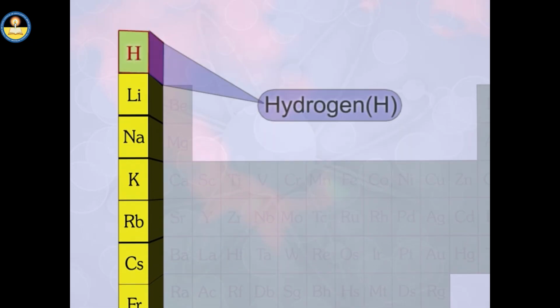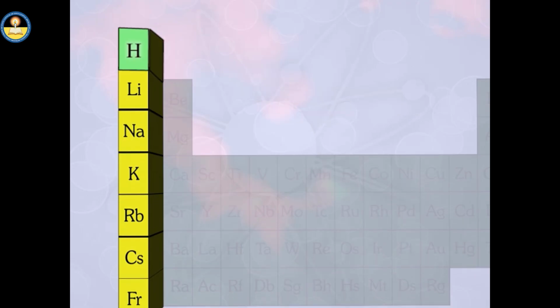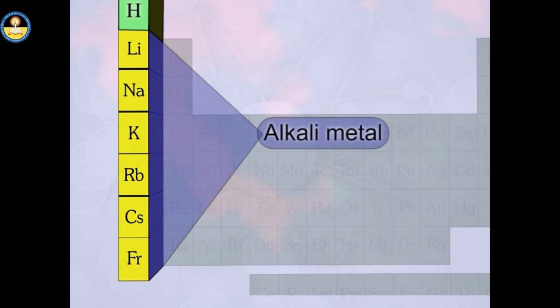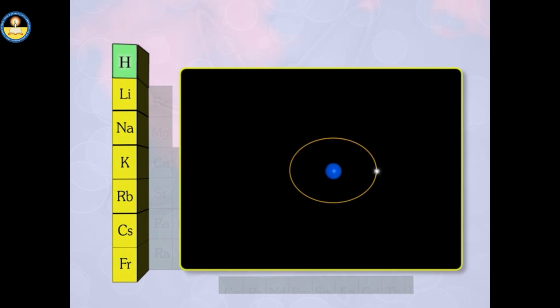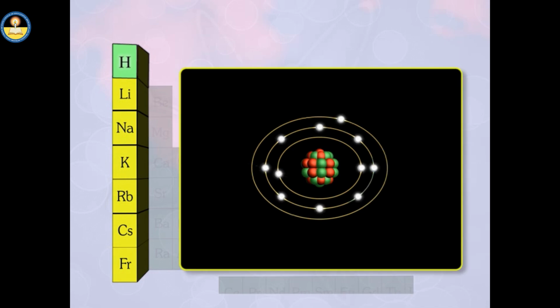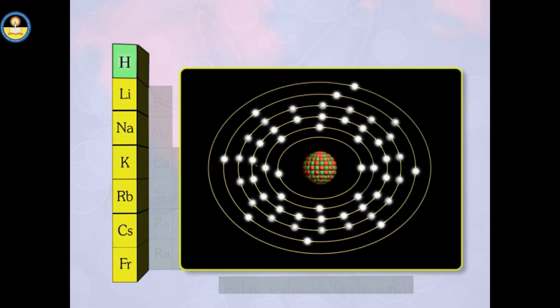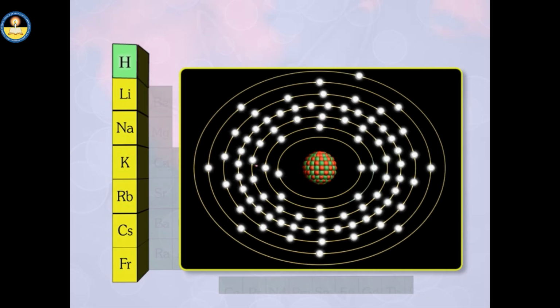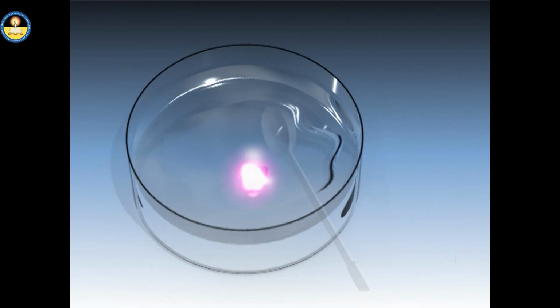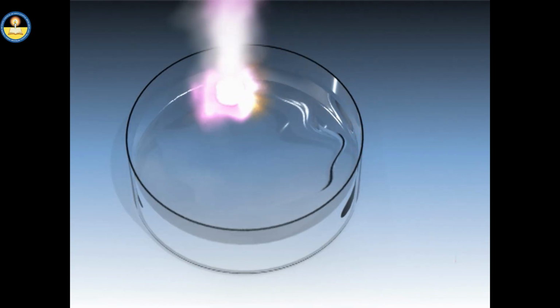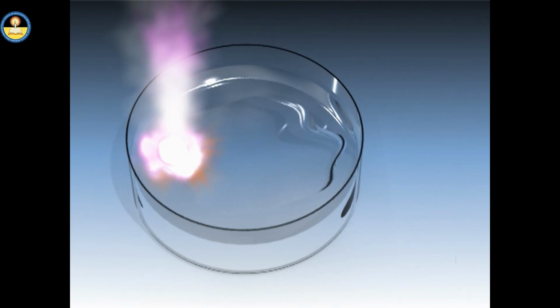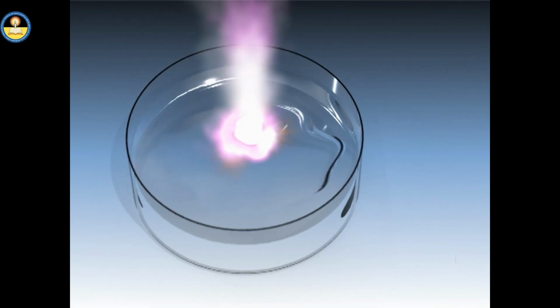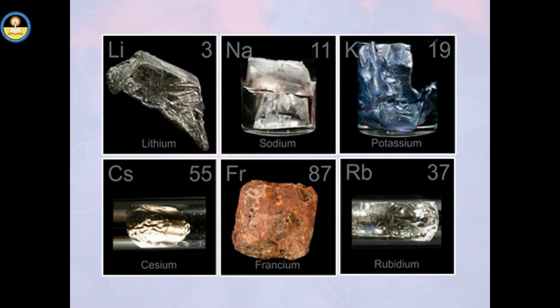Besides these, hydrogen, which is not a member of the alkali metal family, has been included in group 1 because of its similarity in electronic configuration with these elements. These are called alkali metals since they readily dissolve in water to form soluble hydroxides which are strongly alkaline in nature. All these elements are typically metals.